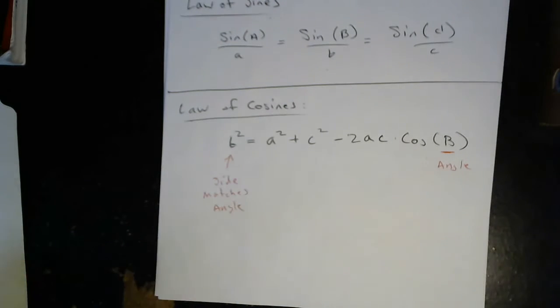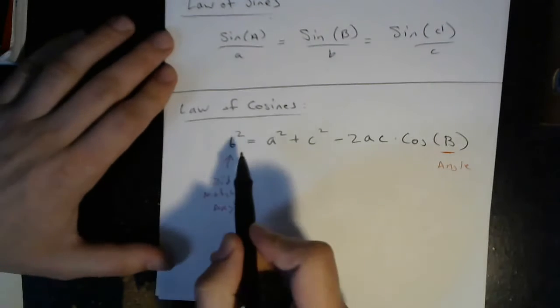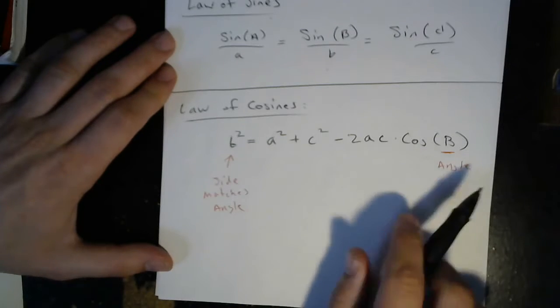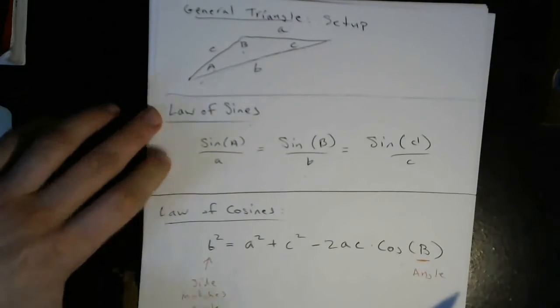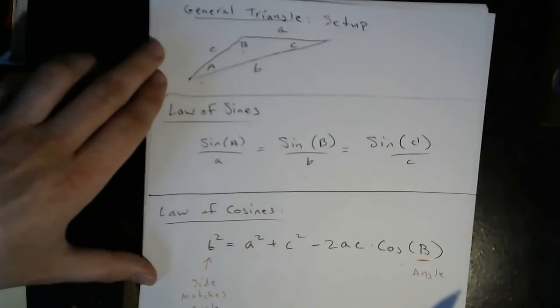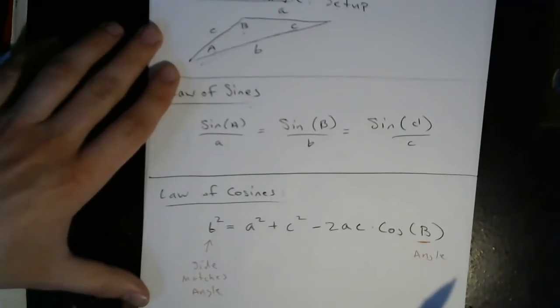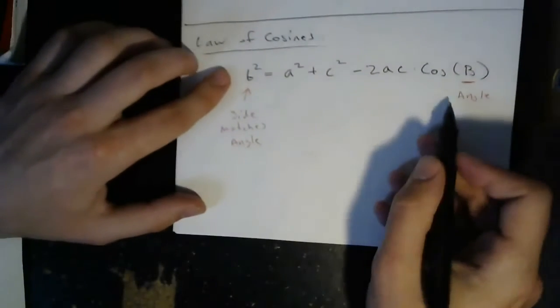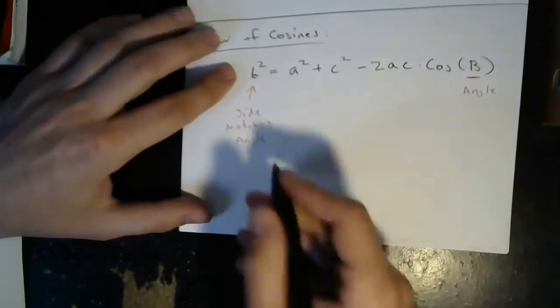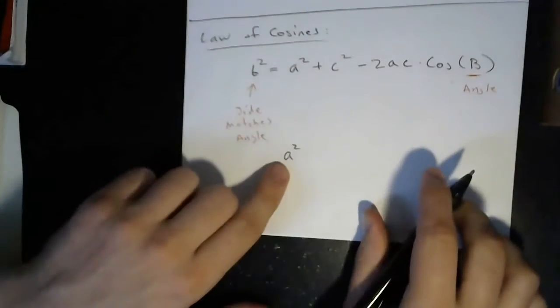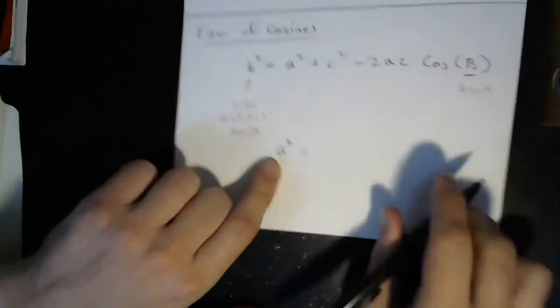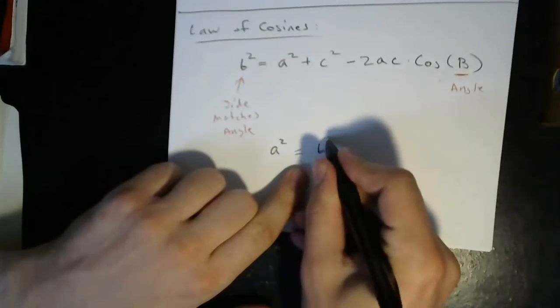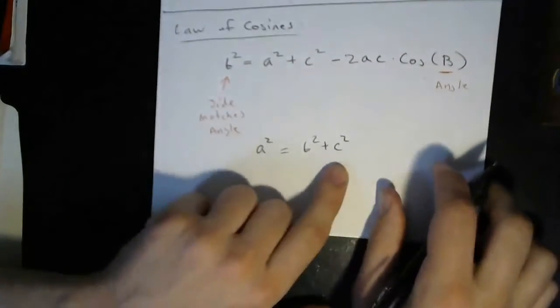That's important. Just to emphasize this, I could write this law of cosines using any other angle, as long as I choose an angle and remain consistent. For example, I could choose the angle A. If I choose A for the angle, then A squared is going to be the side by itself. And then the other two sides are going to be B squared plus C squared.